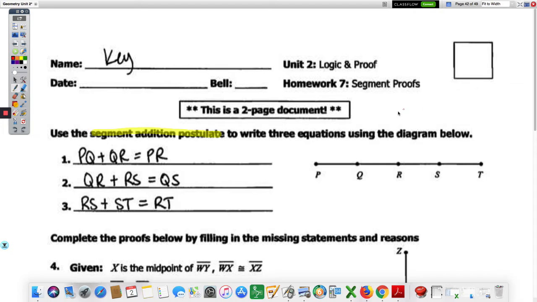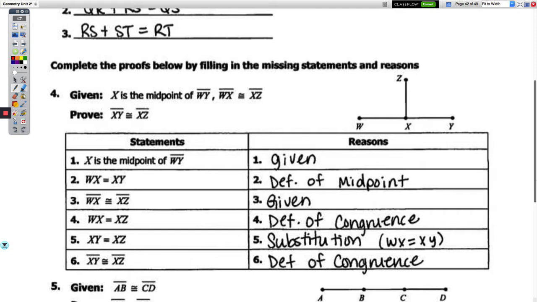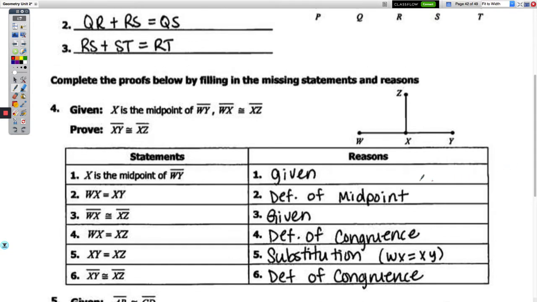Number 4 says complete the proofs below by filling in the missing statements and reasons. You are not given a property bank for this. You will, however, be given a property bank for your assessment on Thursday. Remember, you have a unit test on Thursday.